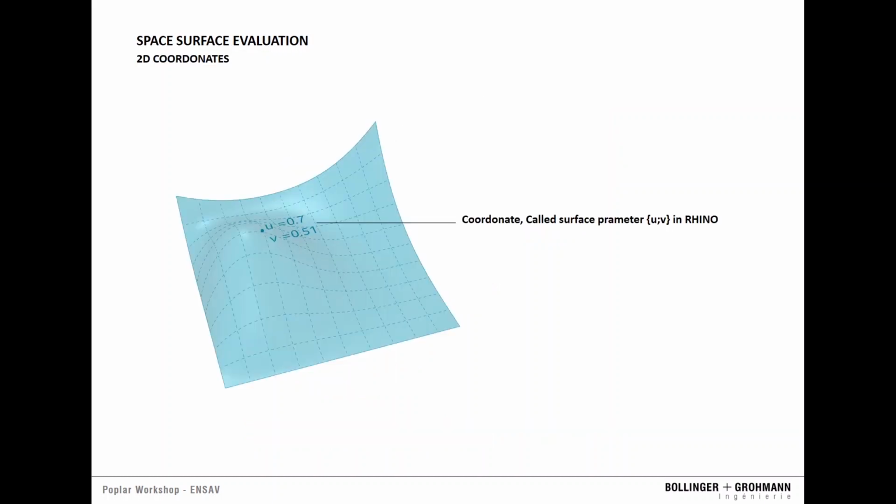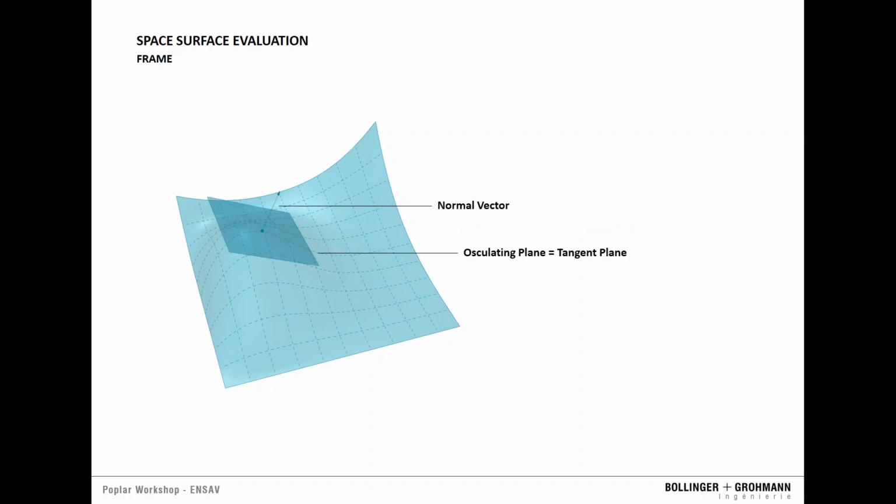So as we just said, you can point any point of a surface with only two coordinates, and these are called u and v parameters in Rhinoceros. When you evaluate a point, then you can get an osculating plane and a normal vector, which defines a frame.